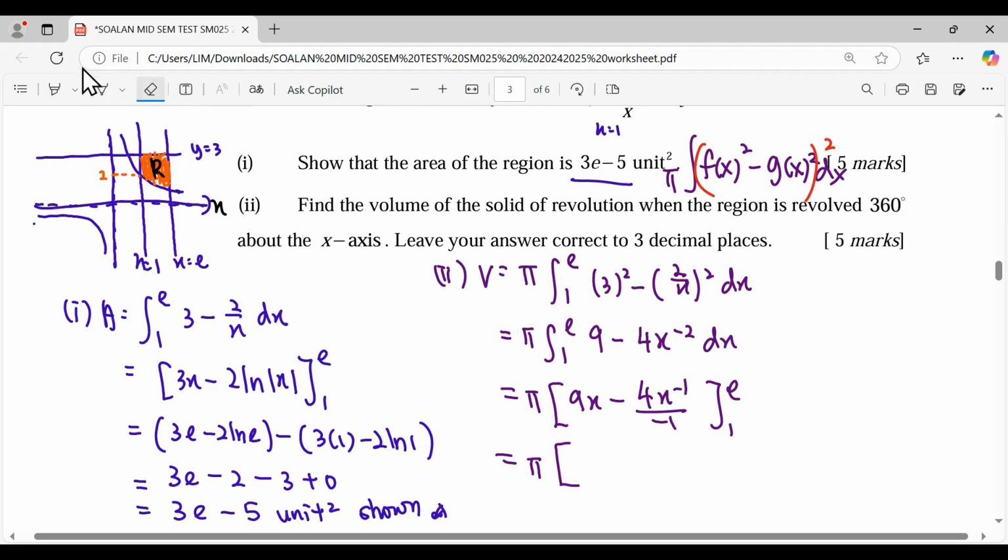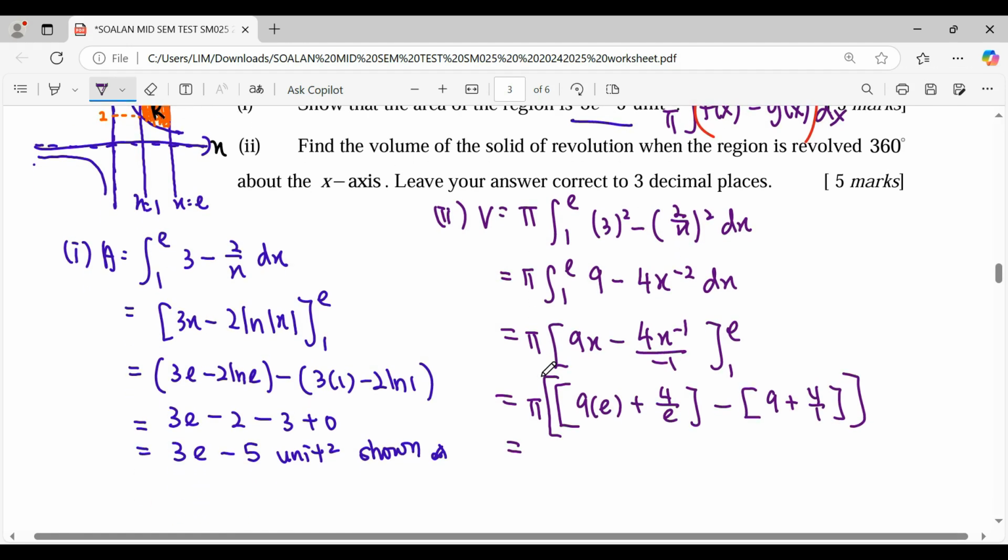Substitute the upper limit minus the lower limit. So negative, negative, plus 4 over e minus. And lastly, when you want to figure this out, you can directly press your calculator. So leave your answer in 3 decimal places, not leaving it in the pi value or fraction value.